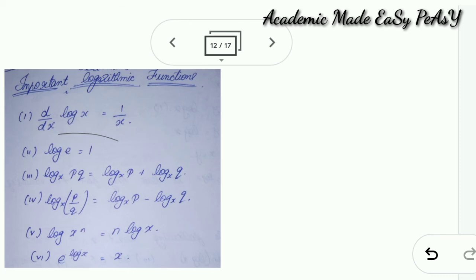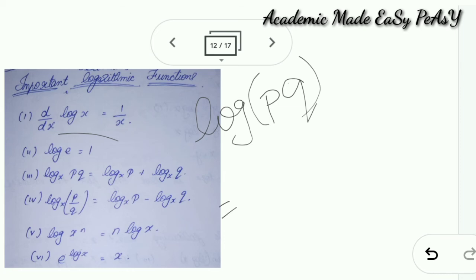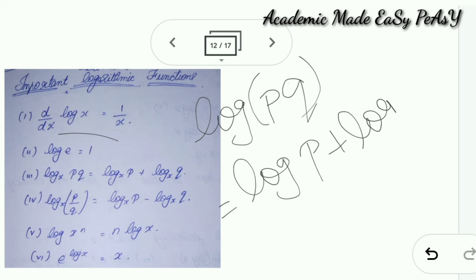And next, log of pq is equal to log p plus log q. That is nothing but, if a function is given as log of some functions p and q, if it is multiplication, then we will be adding, that is log of pq is log of p plus log of q.